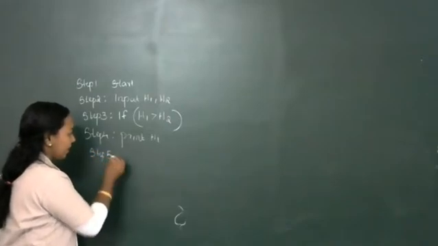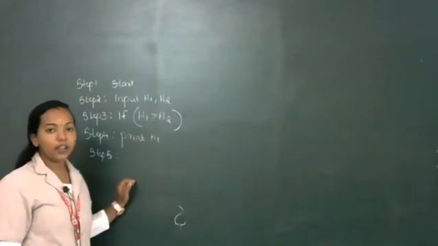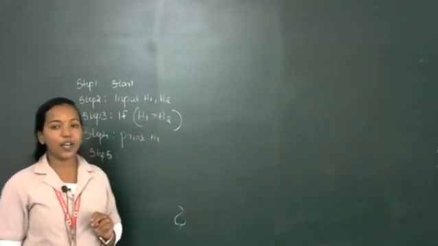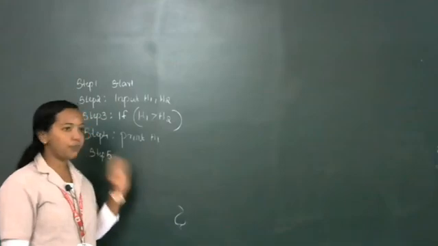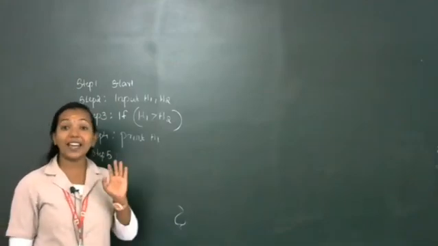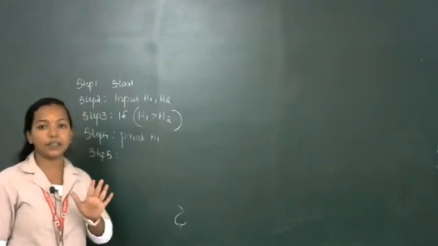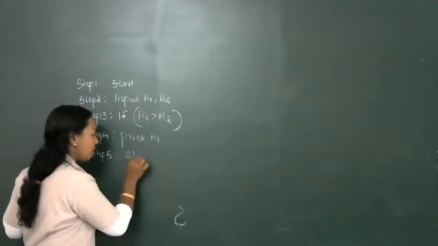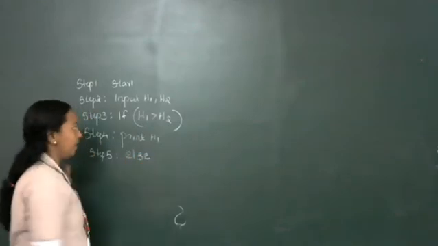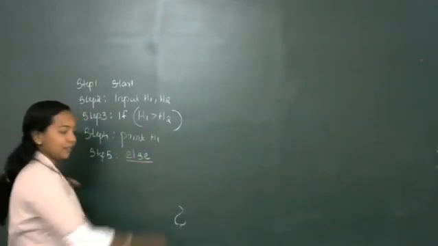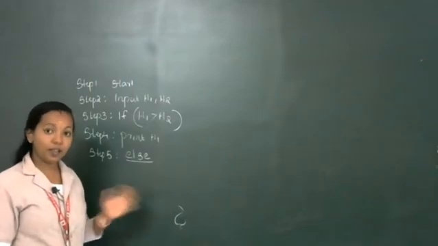Step 5. If the condition is false, there are two keywords we use in a condition: if for the true value and else for the false value. So here we use one more keyword. What is it? Else. Else indicates the false value.